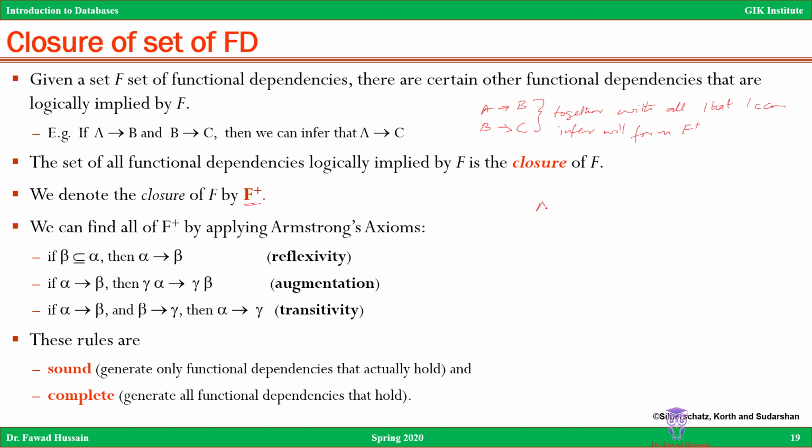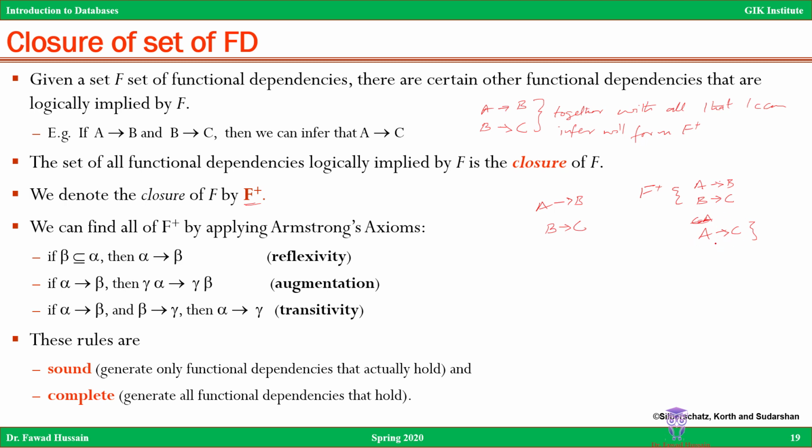It means this. If I had A implies B and B implies C, F plus will include A implies B, B implies C, and also A implies C. This is the derived one. So everything will be included.